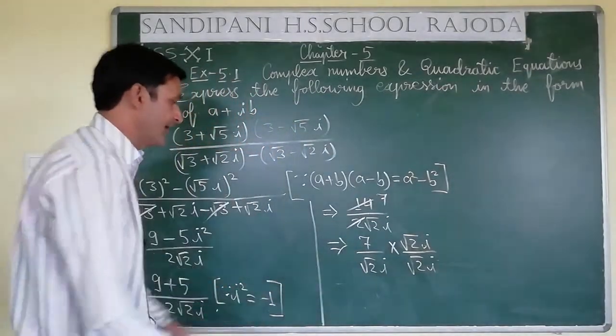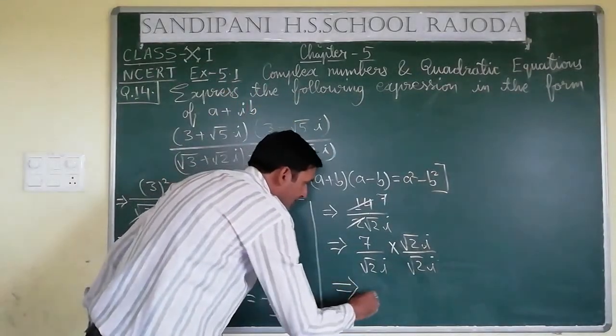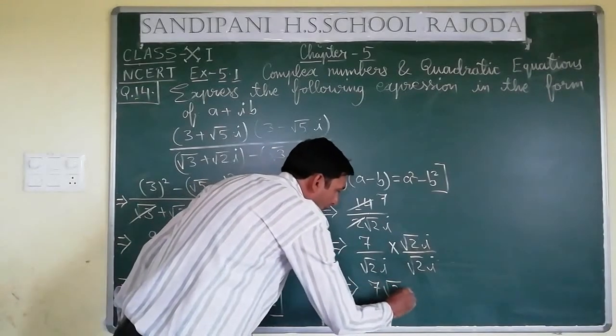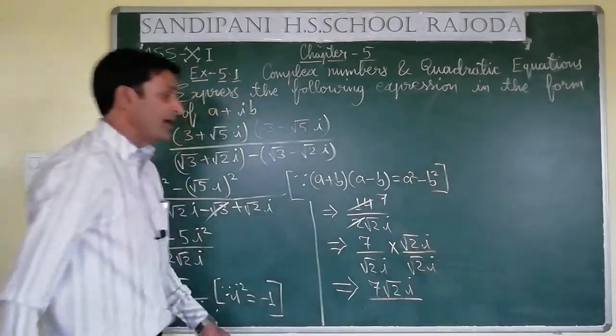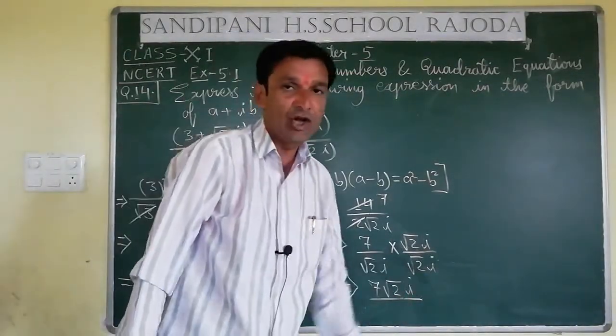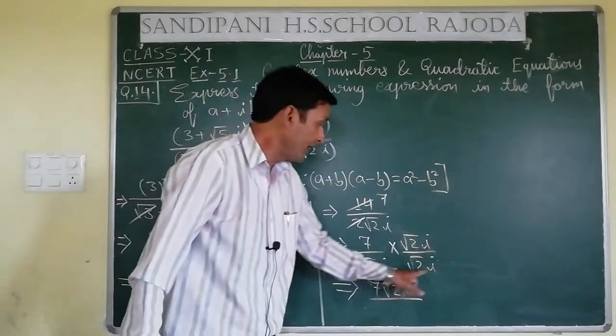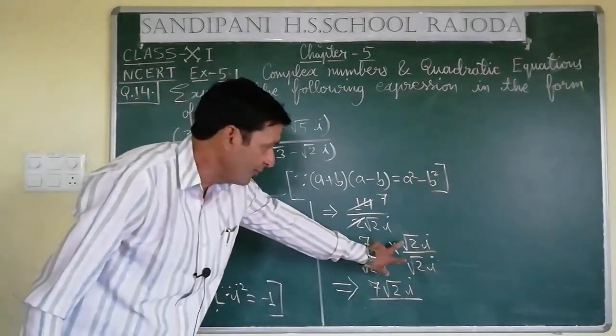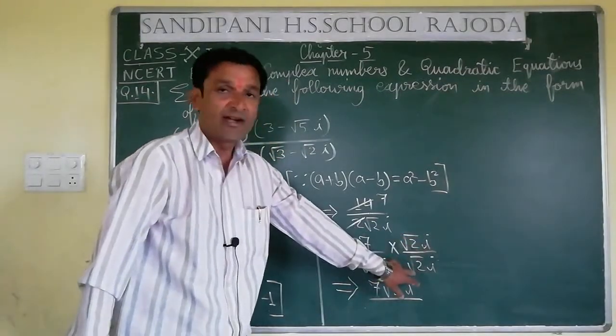So now it will become 7 root 2i. Why have we multiplied it by root 2i? Because we don't want any root quantity in the denominator, and we don't want any imaginary quantity in the denominator. That's why we have multiplied it by root 2i and divided it by root 2i.